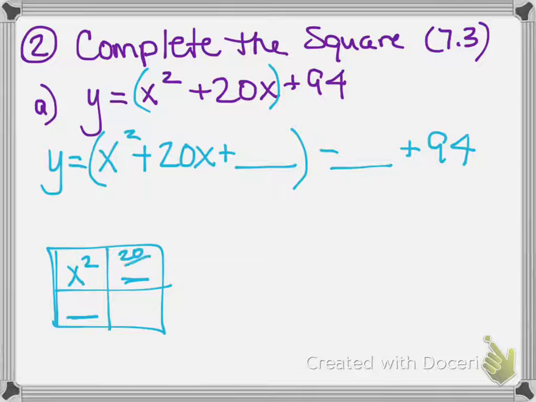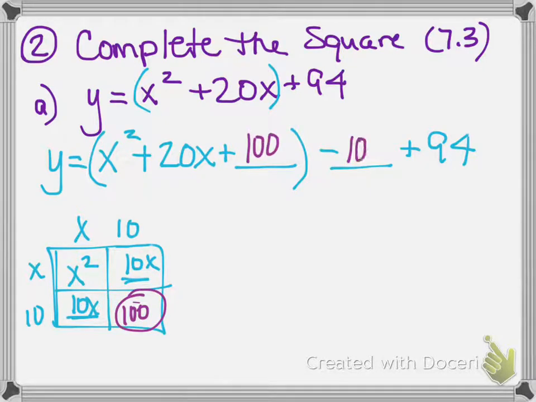So this is 20 divided by 2, which means it's 10. So it's 10 and 10. So outside is x and 10, which means my lovely missing piece here must be 100. So I put 100 here and here.